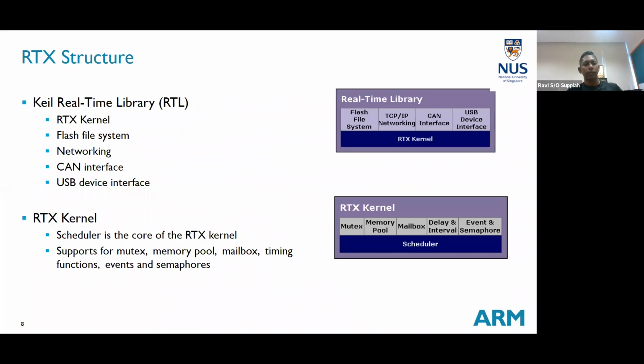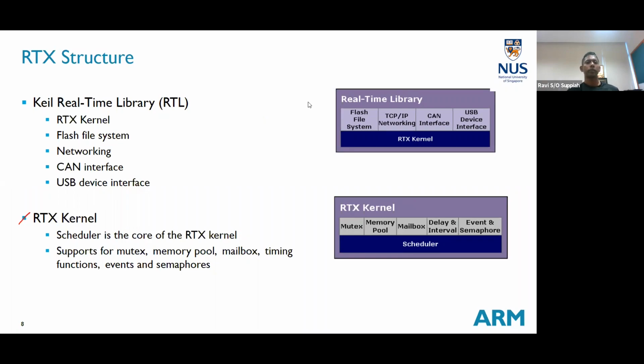In terms of the library, we are making use mostly of the RTX kernel, which provides us with the scheduling and the framework for the Mutex, the Semaphore, and everything. Of course, the RTX kernel also provides a whole runtime library to do a lot of other complex stuff.